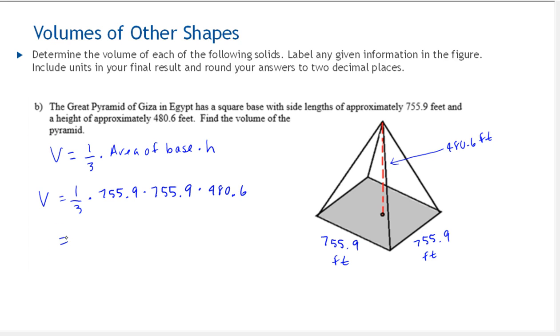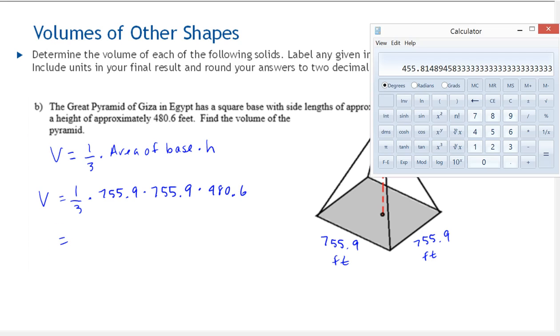Okay. Now we're going to multiply this all out on the calculator. I wouldn't even enjoy doing this by hand. So let's start with 1 divided by 3 times 755.9 times 755.9 again, times the height, 480.6.